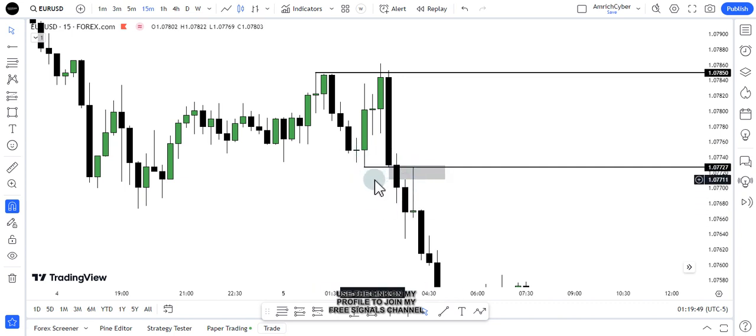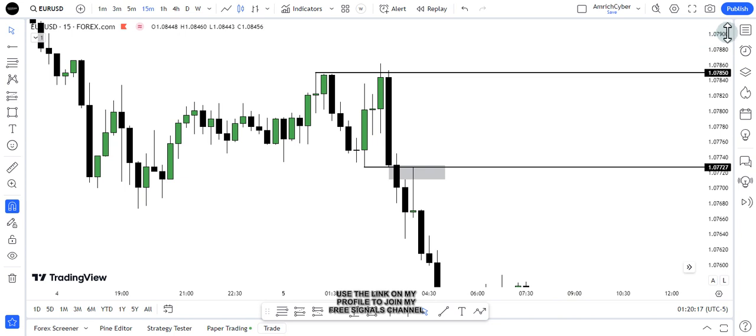So take note, for a breaker block, the high of the previous candle will be taken before it breaks the recent created low. So price will create a high, create a low, breaks the previous created high, and then breaks the recent created low. So the low here becomes the breaker block. So you will draw that in time. When price returns to that level, you can expect a reaction from that level.